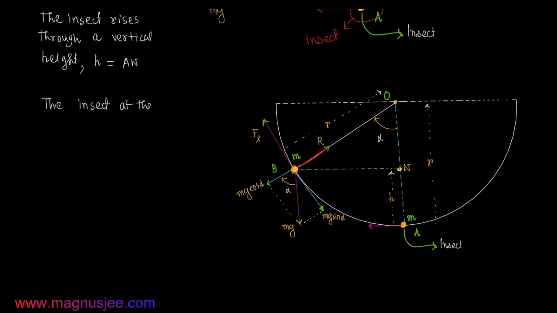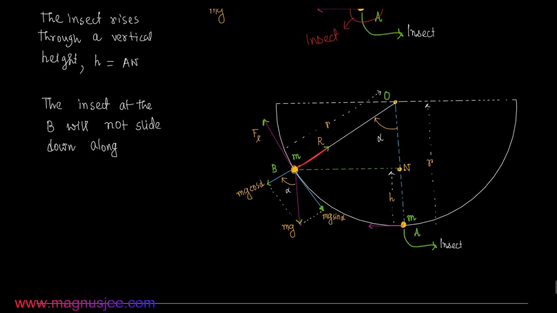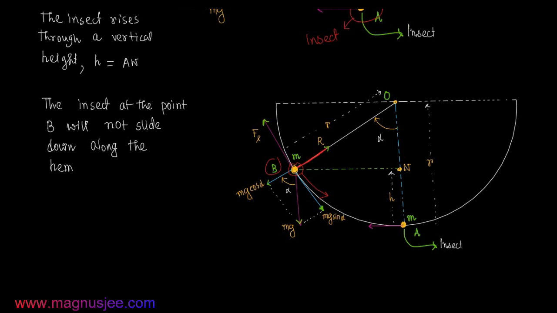The insect at the point B on the hemispherical bowl will not slide down along the hemispherical surface if the limiting friction Fl at the point B, which is acting tangentially upwards, is equal to the rectangular component mg sin alpha.